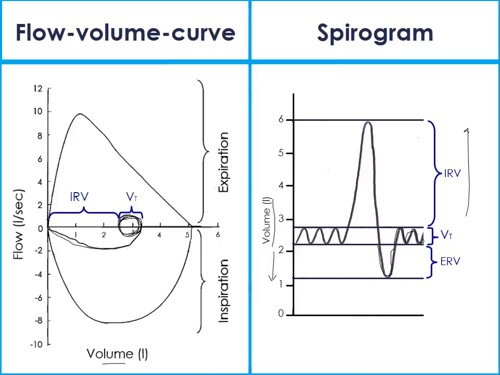And for the flow volume curve, once again, it's being measured on the x-axis. So expiratory reserve volume is represented by this part over here because expiration was moving in this direction. So that's just the difference between how the volumes are read off of these two different lung function curves.